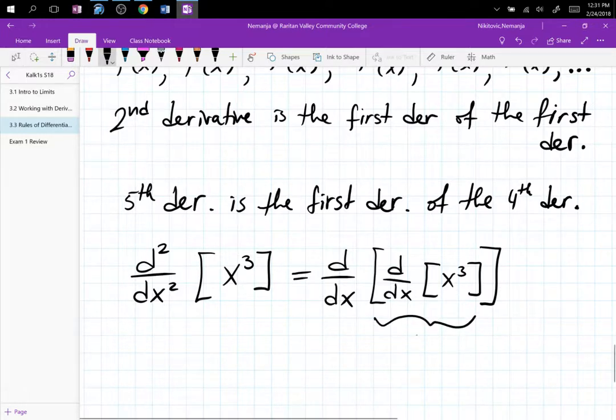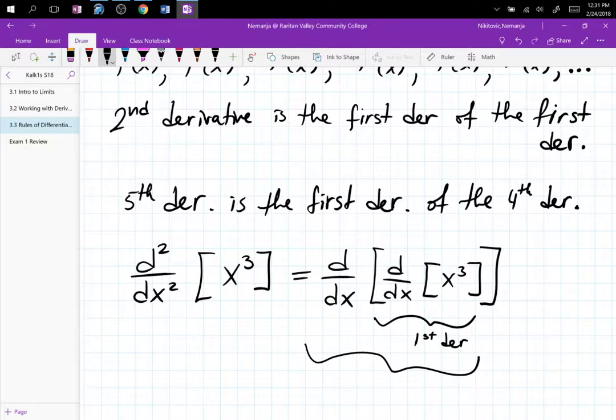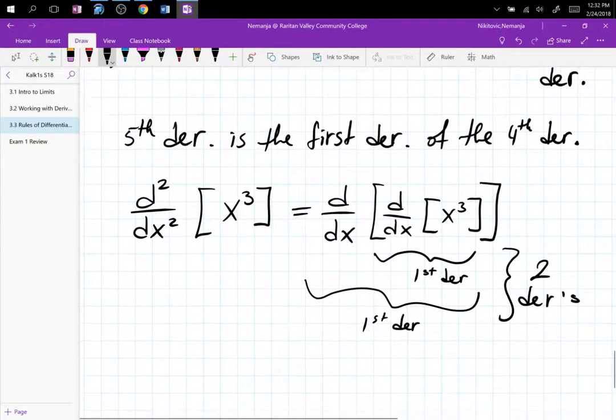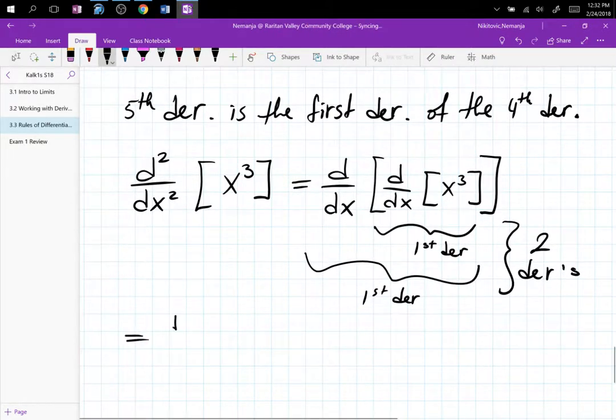Do we all agree that this is a first derivative by our notation from before? And then you have to take another first derivative. But that's altogether two derivatives. So it's a second derivative as the answer. All right, let's take the first derivative. So copy the outside d dx.